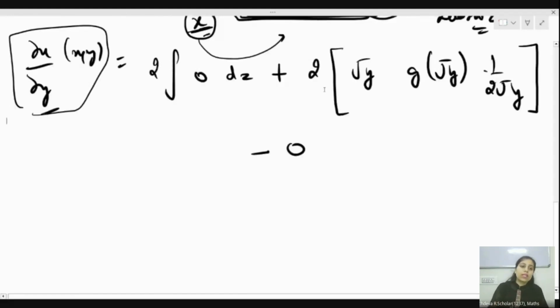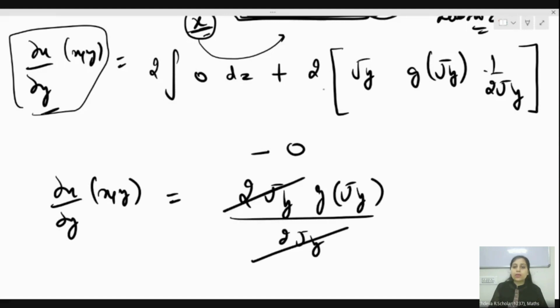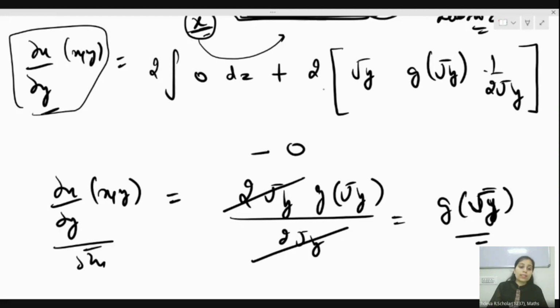So by using the Leibniz rule, the partial derivative of u with respect to y at (x, y) is equal to 2 root y g(root y) upon 2 root y. That is cancelled out, and we have only g(root y) remaining. Now the function is totally dependent on y. Again, if we do the derivative with respect to x, this will give you 0.